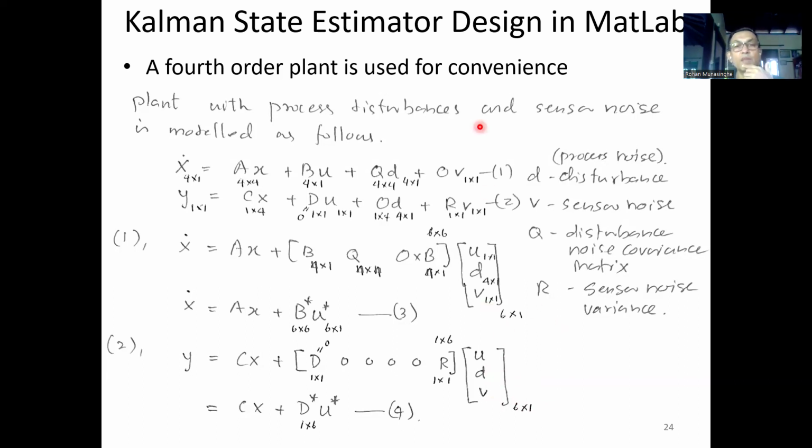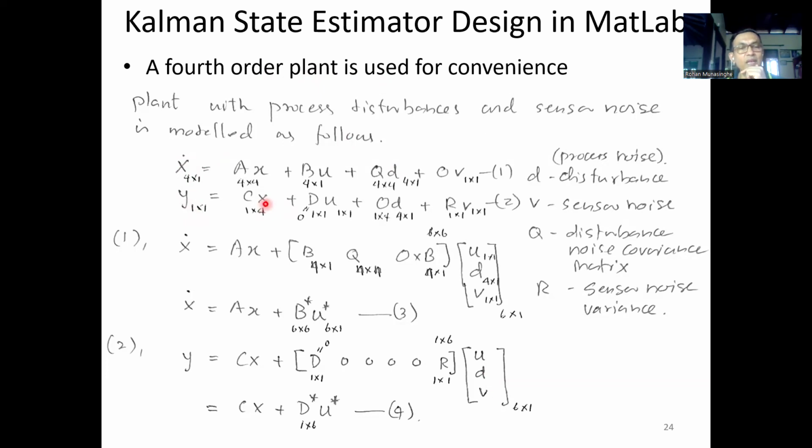If you look at the dimensions over here, a fourth order plant is used. Suppose you have a fourth order plant. So x dot is 4 by 1. There are 4 rows here. And you measure only one of them, so it is a 1 by 1 output. X is 4 by 1.